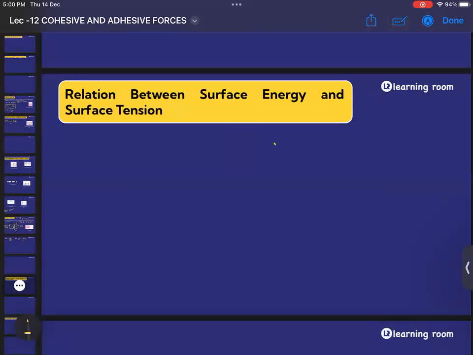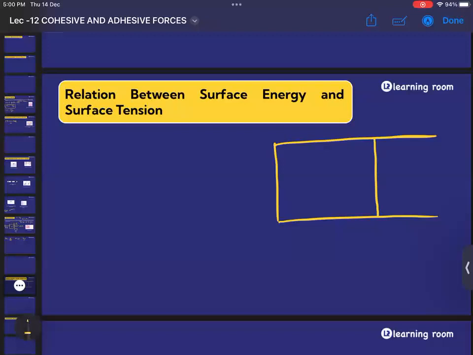So I'm going to take the same diagram. From AB to A'B', there is a displacement of X, and the length of this thread is going to be L, and there is tension acting in this direction.